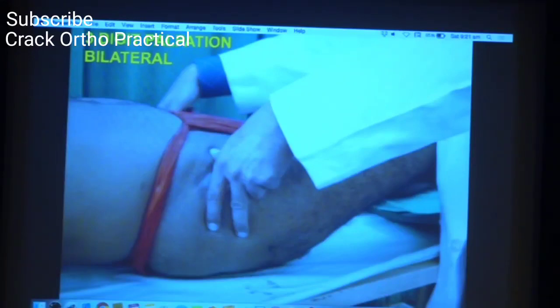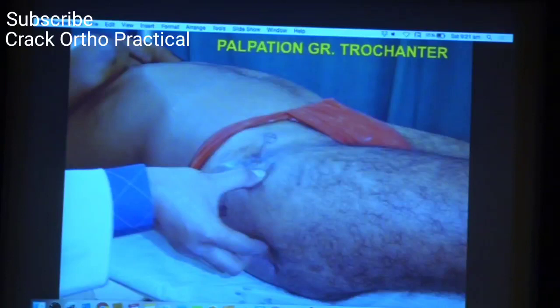If this distance is decreased on the affected side, obviously the tip of the trochanter has migrated proximally. And this is the vernier caliper like maneuver being performed by the hand of the examinee to assess the anterior-posterior dimension of the greater trochanter.